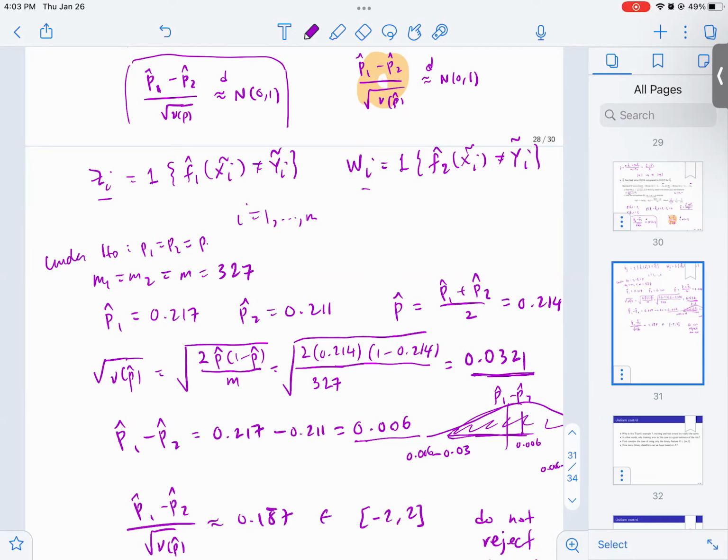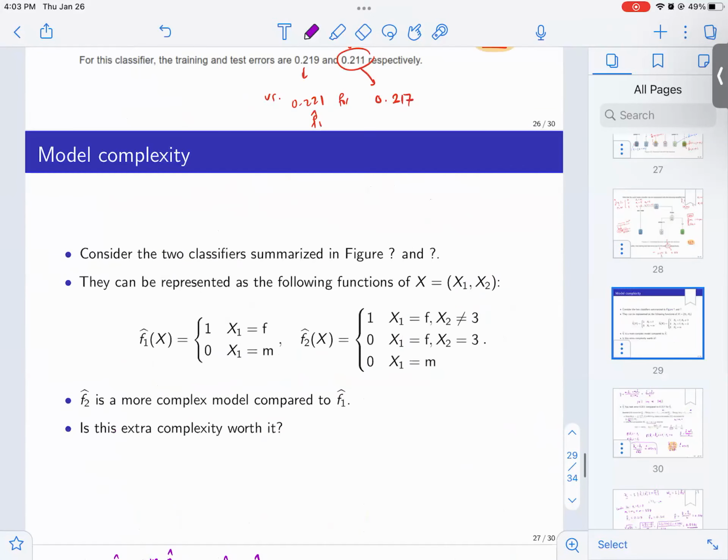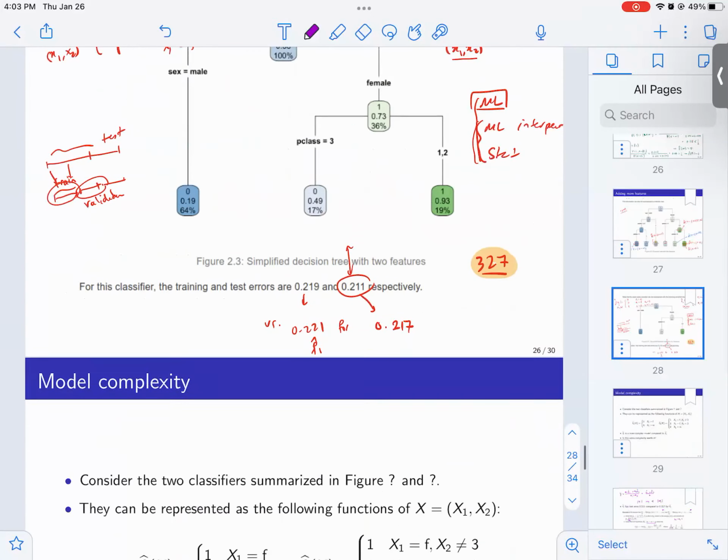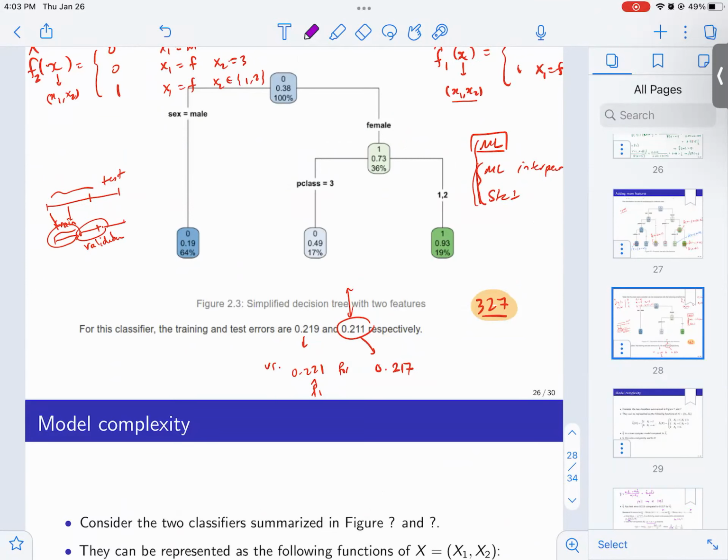But if you ignore that, then this gives you some rough calculation. So we really don't know at this level whether this is good or not. The actual risk could be higher. So we're going to stick with probably the simpler one.